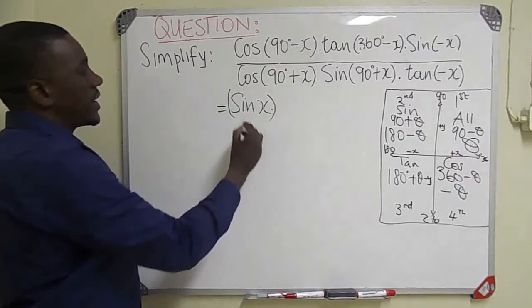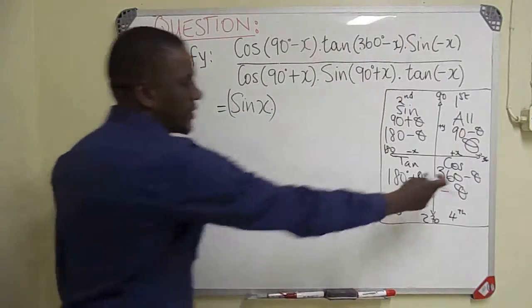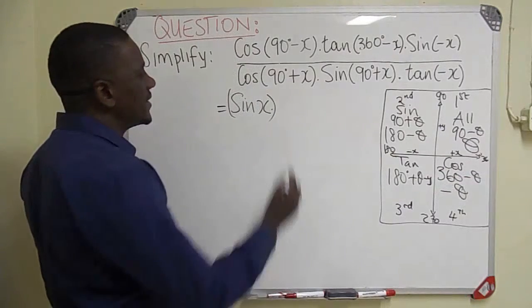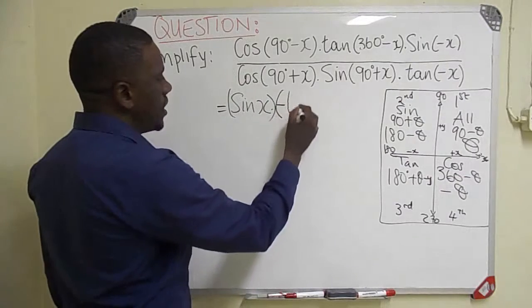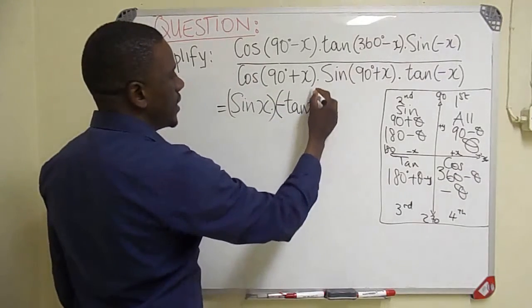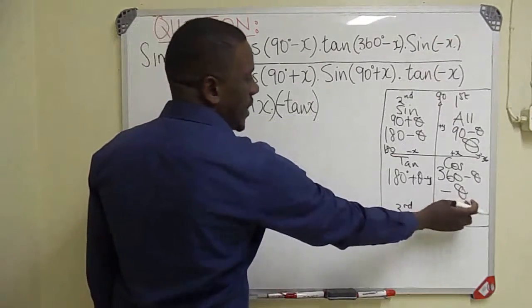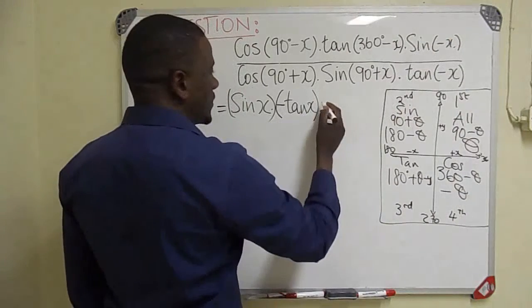We are multiplying by tan 360 minus x. 360 minus x falls in the fourth quadrant. Tan is negative there. Our reference angle is x. Then minus x is an angle in the fourth quadrant, and in the fourth quadrant sine is negative.